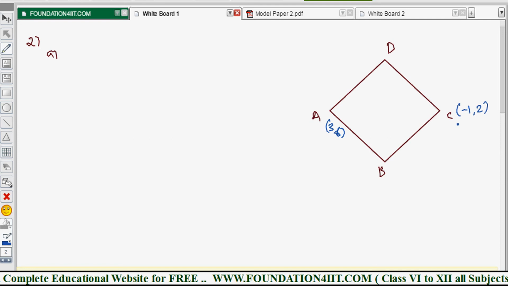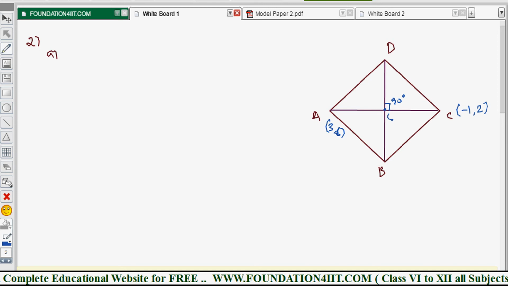So the midpoints of diagonals AC and BD, they will bisect each other. That means the midpoints must be the same. Now whenever we join the line AC, the AC midpoint and the BD midpoint are the same, and they will bisect at 90 degrees. So these are perpendicular to each other.